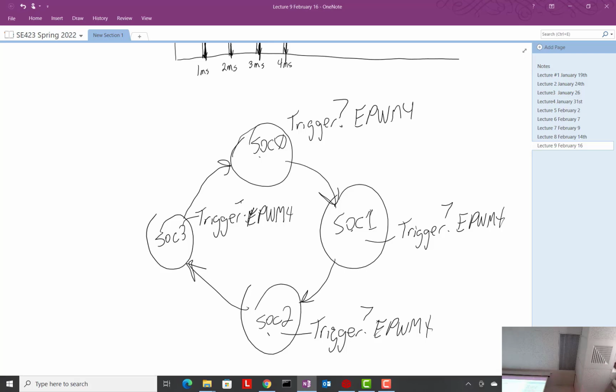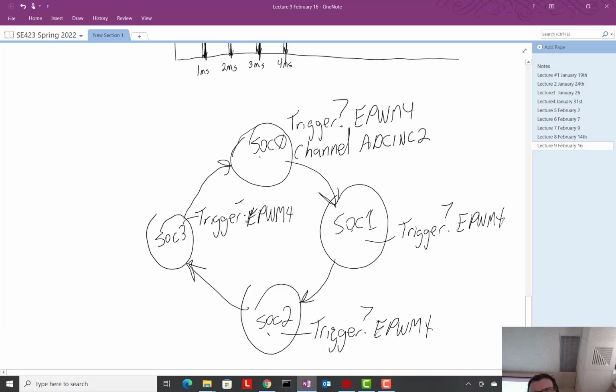The last thing we have to tell it is what channels to convert. SOC 0 does not have to be channel 0. I told you the 4 we wanted to sample, but we could be crazy here. We could sample ADCIN C2 here.